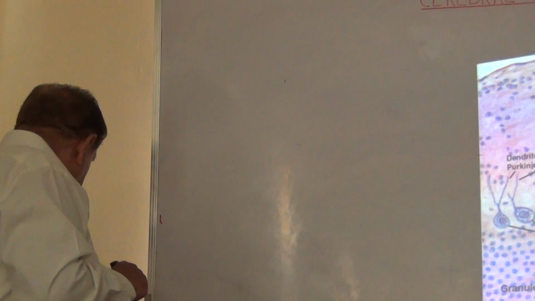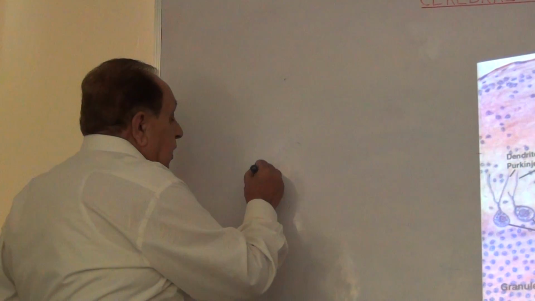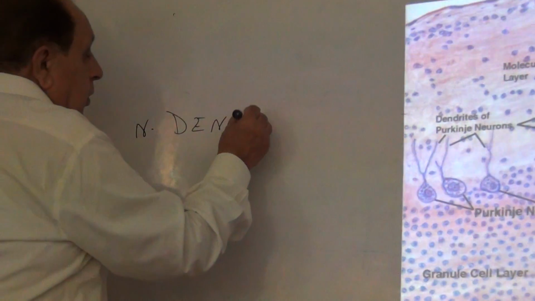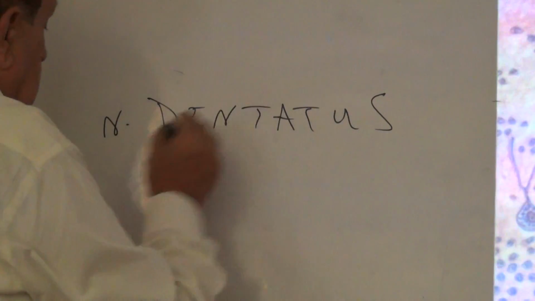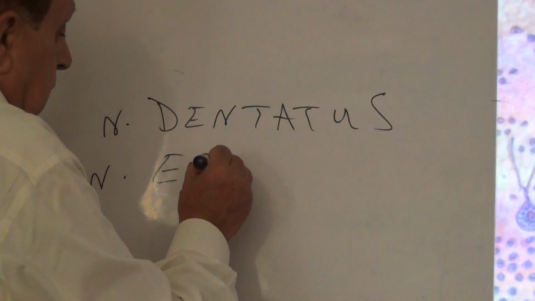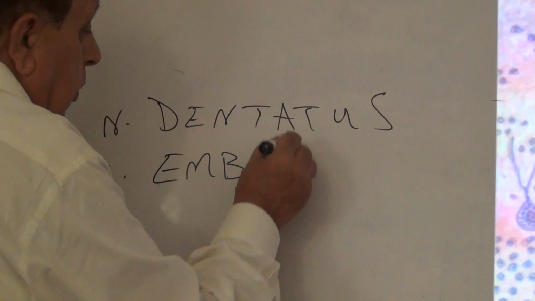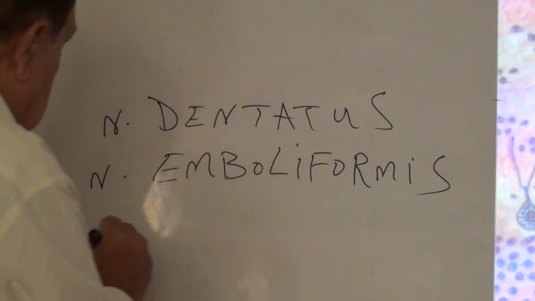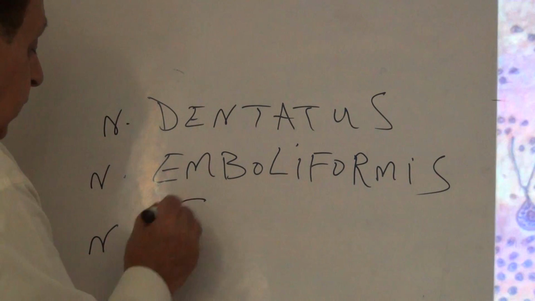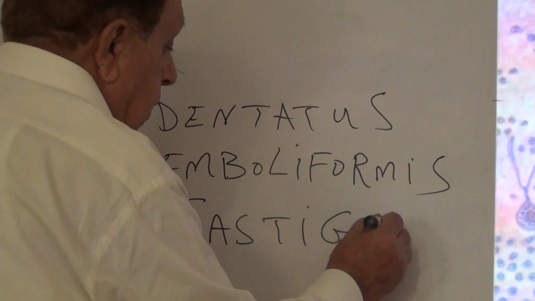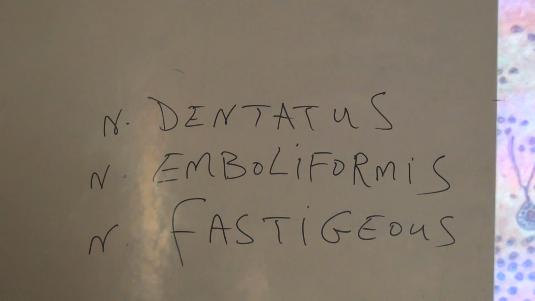These nuclei are nucleus dentatus, nucleus emboliformis, nucleus fastigius, and nucleus globosus.